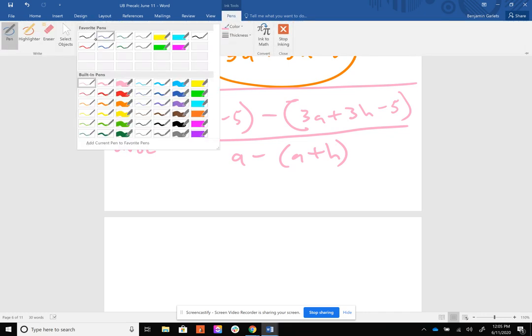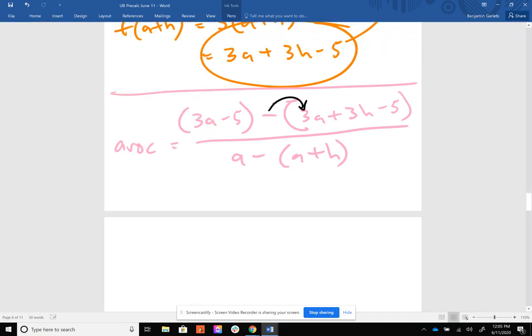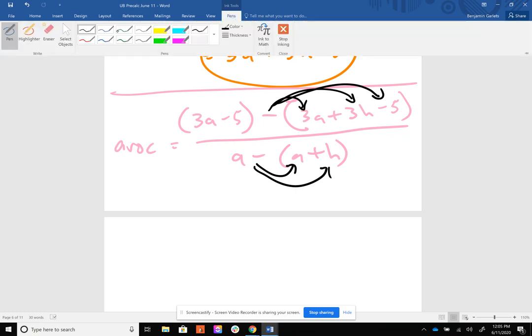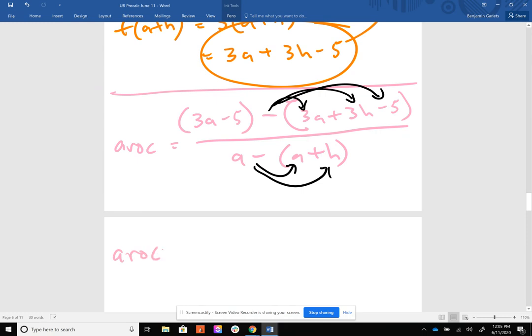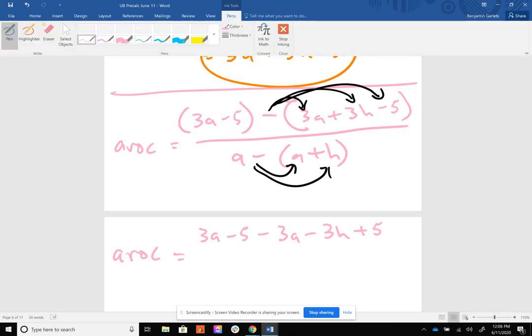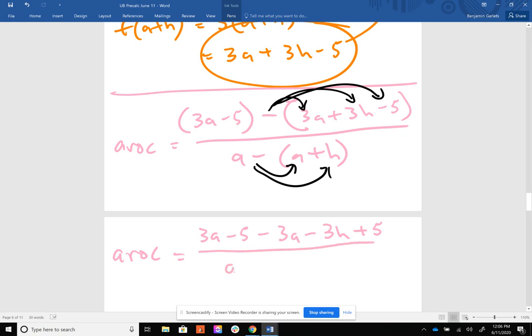What I mean by that is we have to distribute this negative symbol to all of these values, and then I have to do it right here as well. And then we can start to combine like terms, like mathematicians do. So numerator: 3a minus 5 minus 3a minus 3h plus 5. And in the denominator, I've got a minus a minus h.